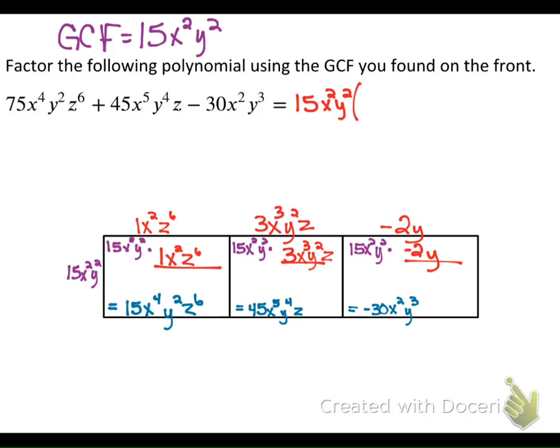What's the width of my first rectangle? 1 x squared z to the 6th. Then what do I put? Plus, because it's a positive, then 3x cubed y squared z. So my next width. Then what do I put? Negative 2y. And 2 more things I need. Parentheses. The end parentheses and box.